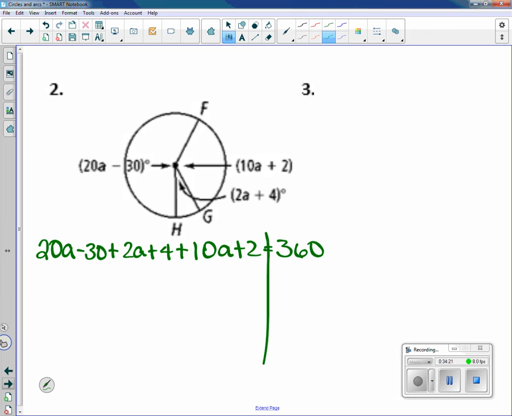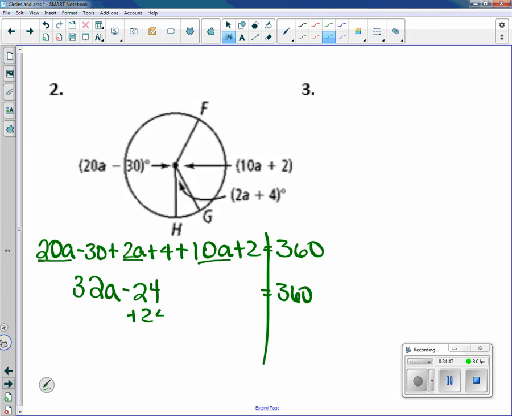I had to add them all up to equal 360. So 20 plus 2 plus 10 is 32a. Then negative 30 plus 4 plus 2 is negative 24, which is equal to 360.